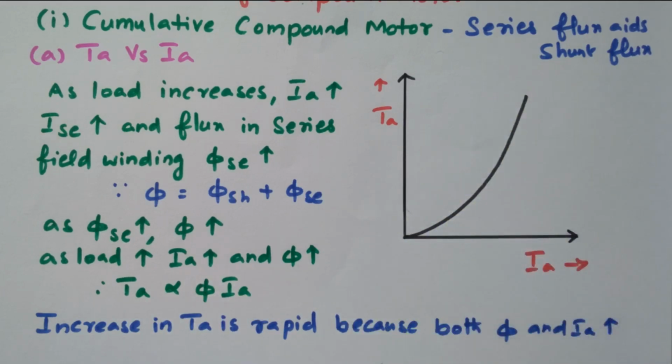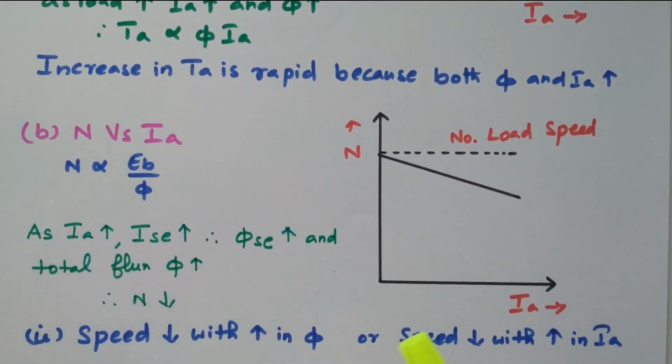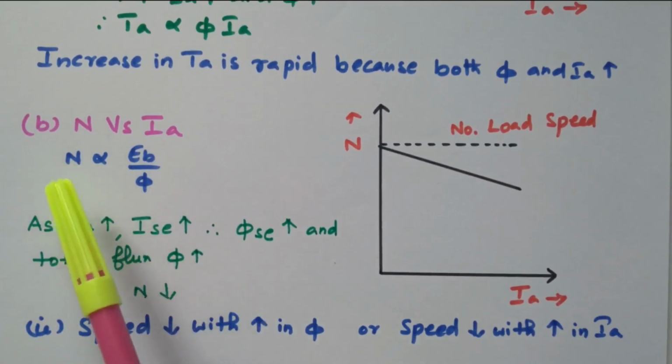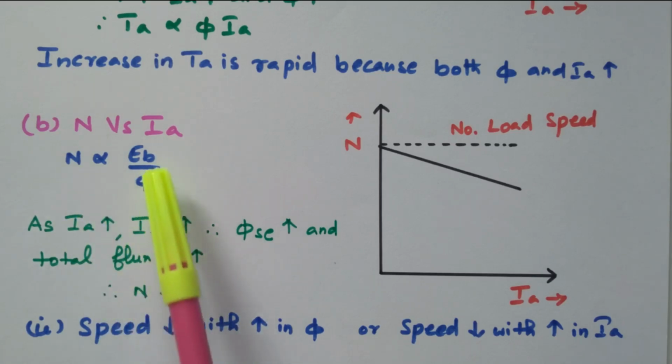Now we will go to the second characteristic, speed versus armature current, N versus Ia. We know the relation: N is directly proportional to Eb by phi. Speed is directly proportional to back EMF and inversely proportional to flux.